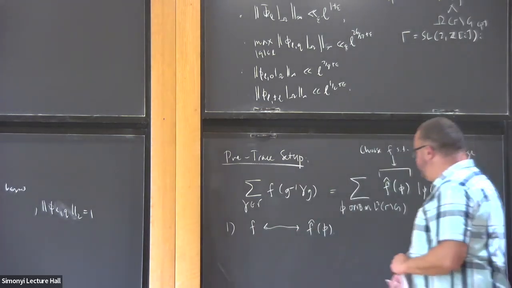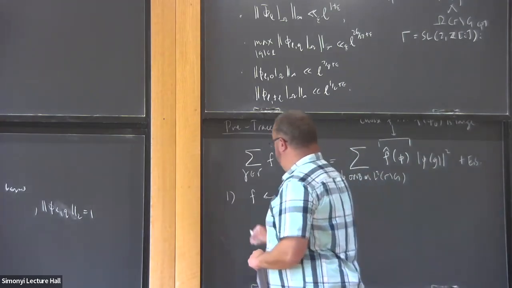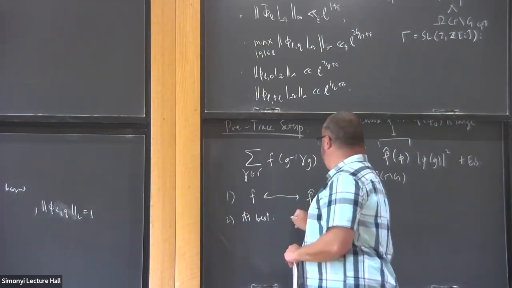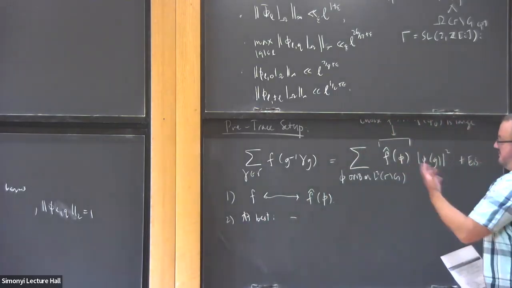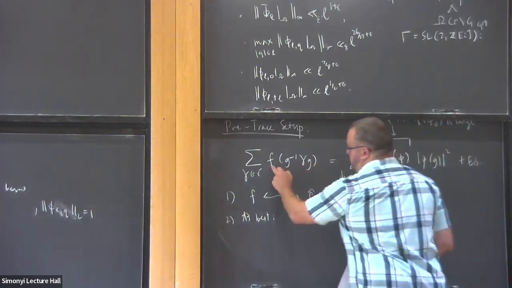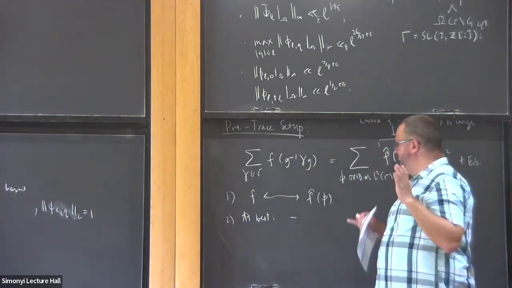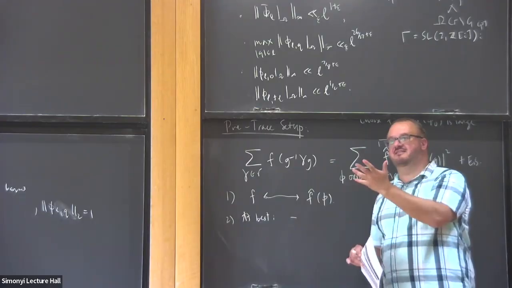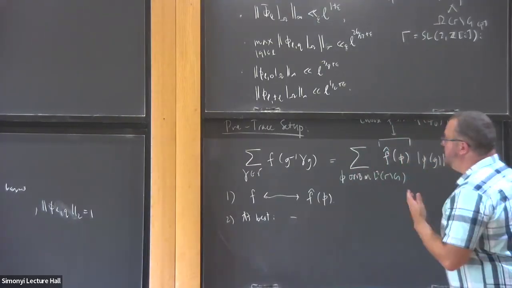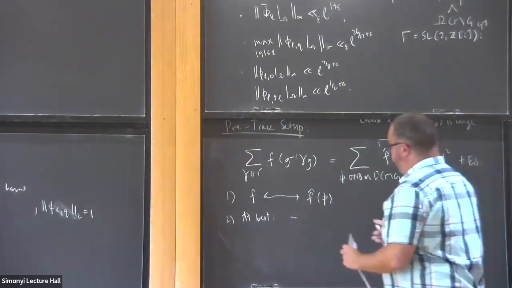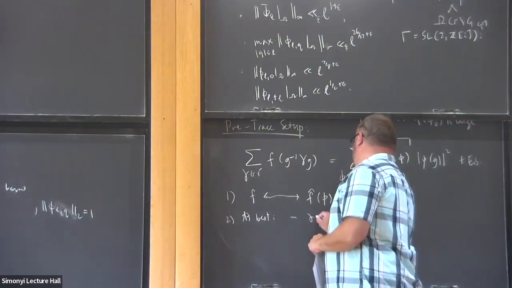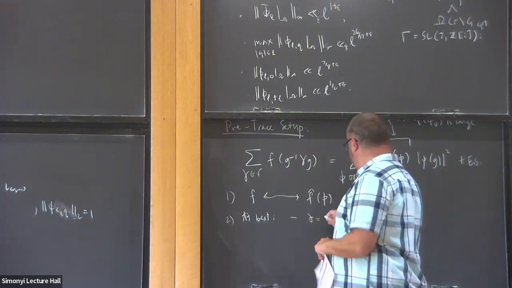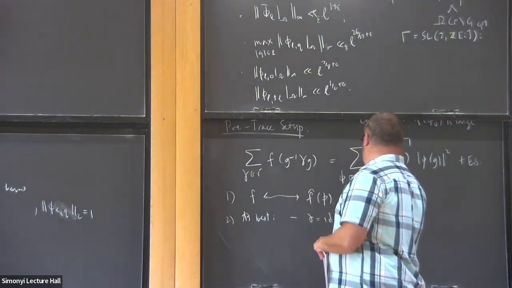And so at best, what you can hope for, this is highly schematic, is that you are so lucky that your f concentrates so nicely that only the identity contributes here, or at least that the identity dominates. The identity you will never be able to avoid, but maybe you can cross your fingers and hope that the identity dominates.